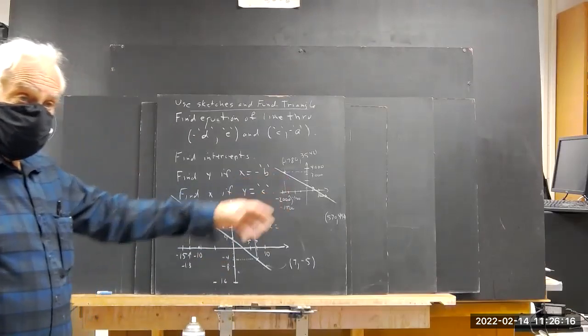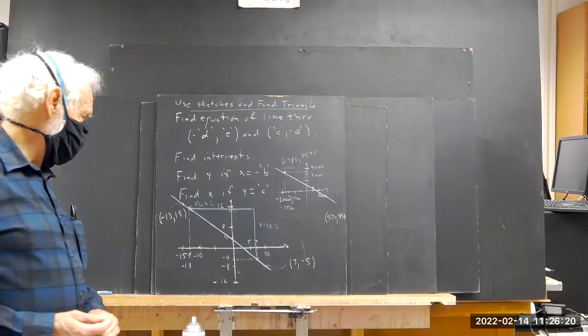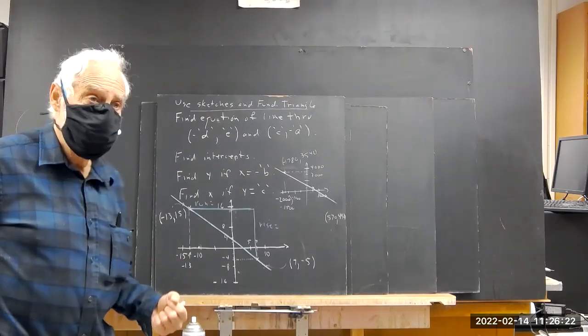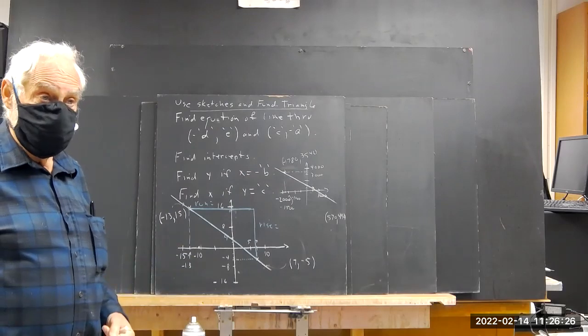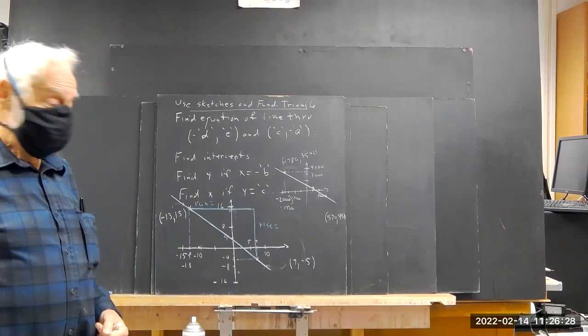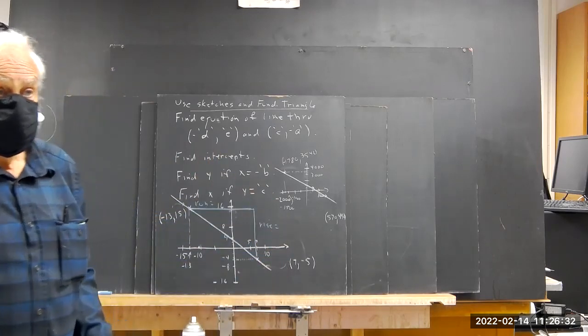You need to understand the principles and how to get to them. Now, there might be exceptions to that, but I can't think of one right now. I expect you to know the quadratic formula. And I expect you to be able to draw this picture and know what the formulas are.